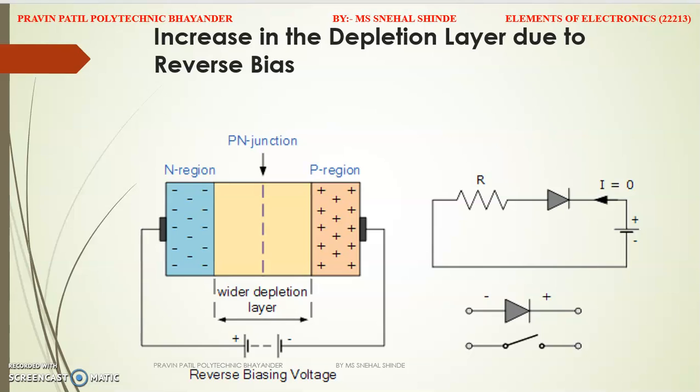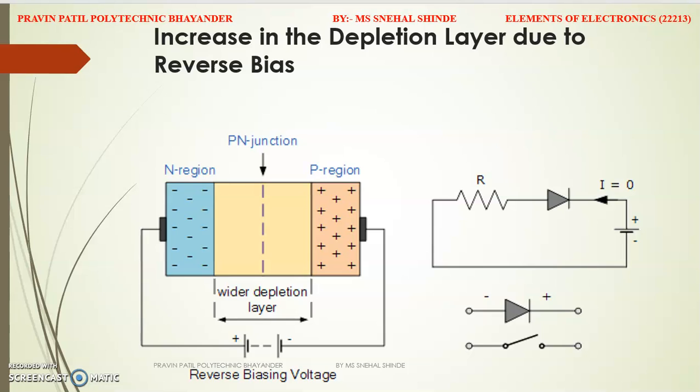Now, current flow in the reverse bias diode. The P region contains a small number of electrons and the N region contains a small number of holes. These are called minority carriers, which are generated thermally.